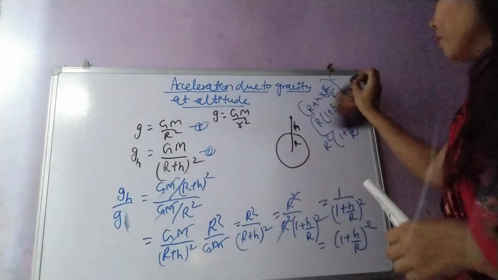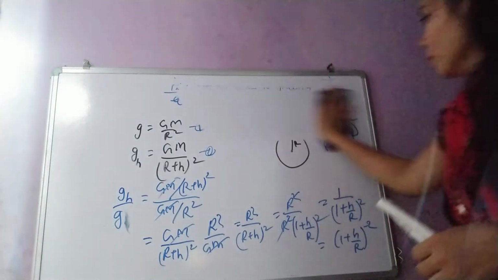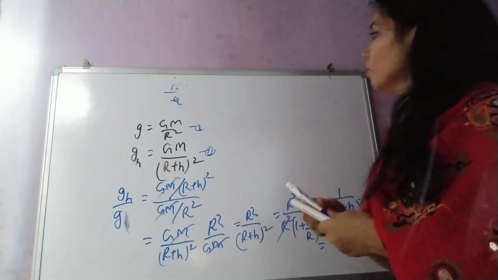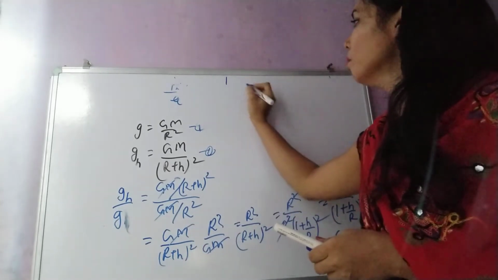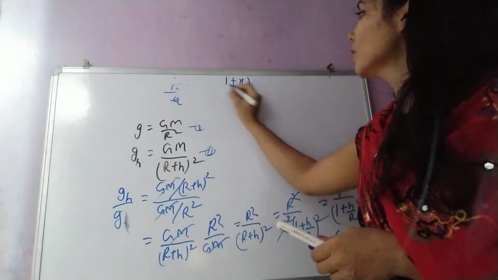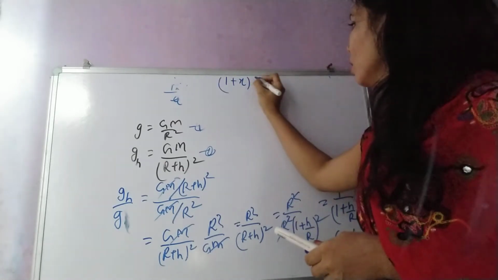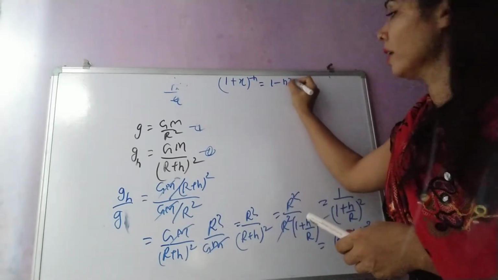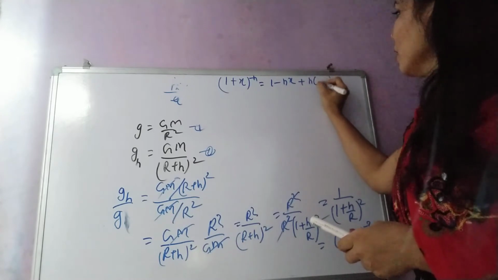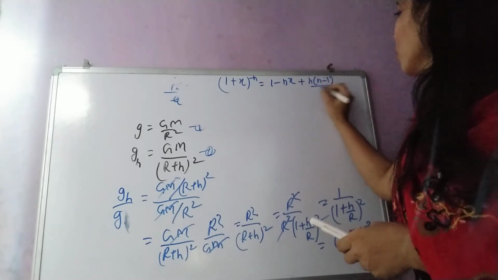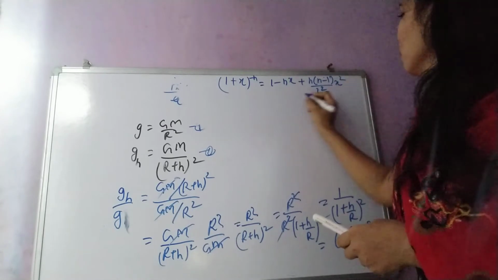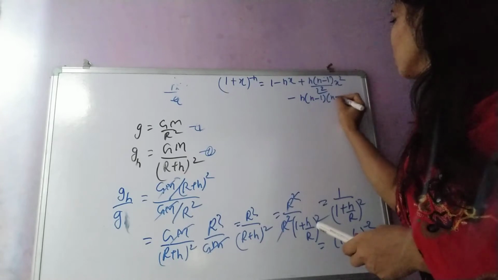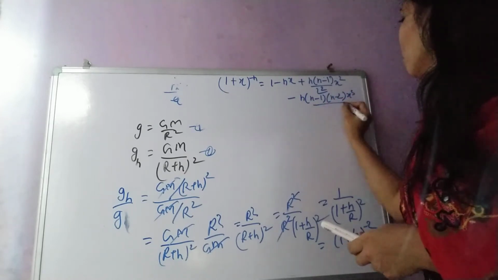Now I am going to write here. We know one formula from the binomial expansion. We have studied the binomial expansion: 1 plus x to the power minus n equals 1 minus nx plus n into n plus 1 upon factorial 2 x square minus n into n plus 1 into n plus 2 x cube upon factorial 3, and so on.